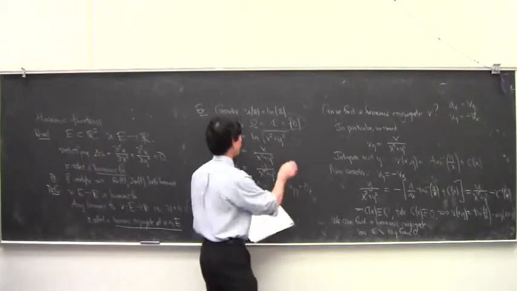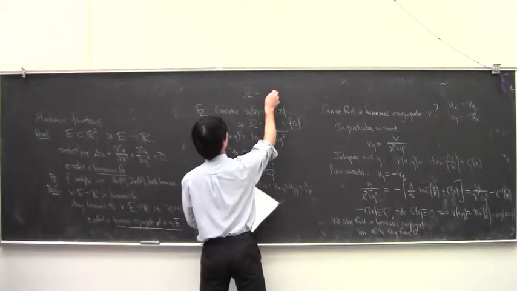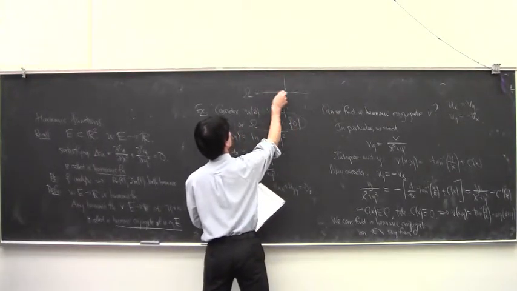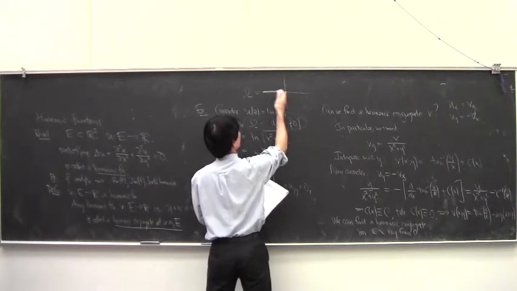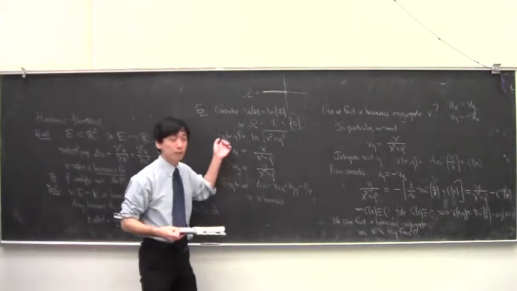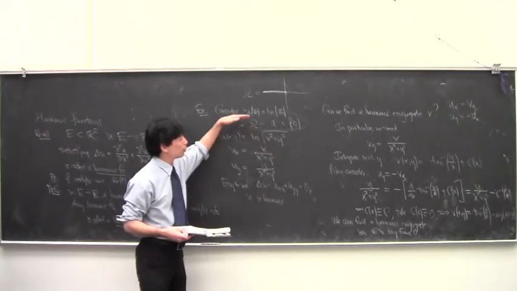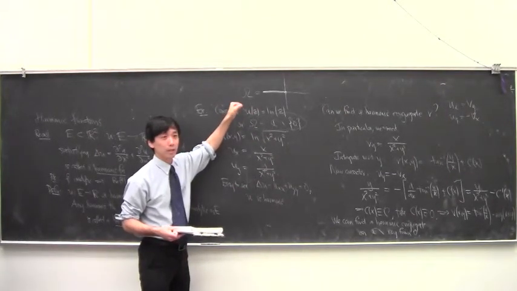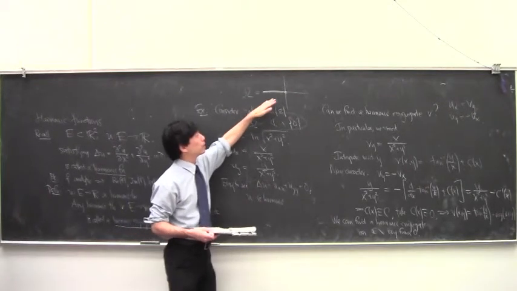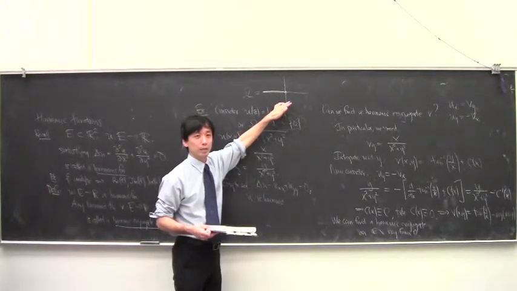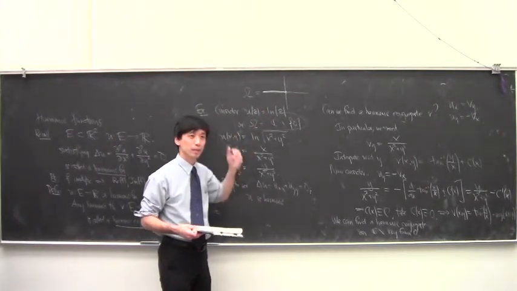So if our omega were the plane minus the ray emanating from the origin, then we actually have found the harmonic conjugate. You see what the trouble is, and you see that this set is simply connected, whereas the other one wasn't simply connected.